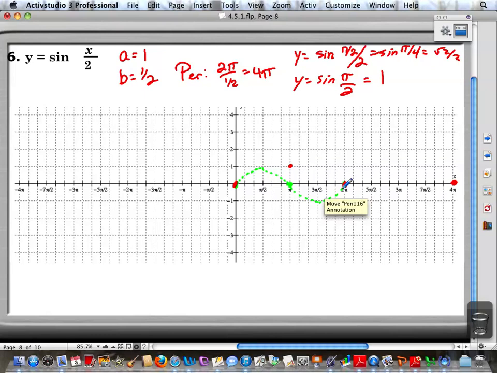Okay? And notice in the original function in green, a quarter of the way through at a half pi, the middle of the first half is where my maximum was. The middle of the second half is where my minimum occurred. And the same thing here with the red, with the new graph. Right in the middle of the first half is my maximum at +1.